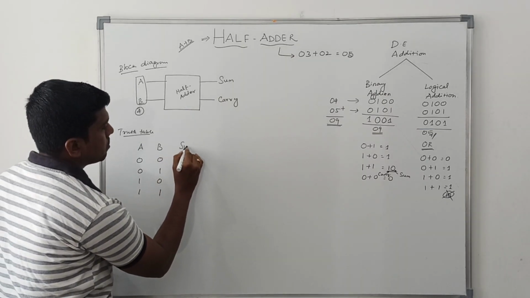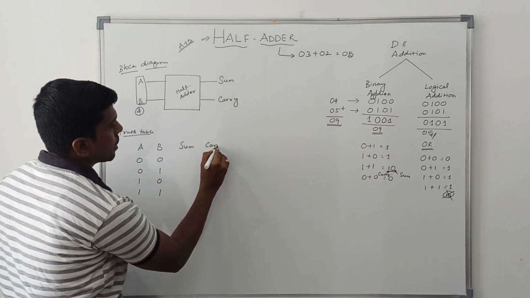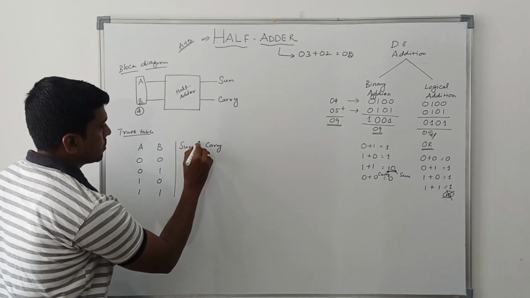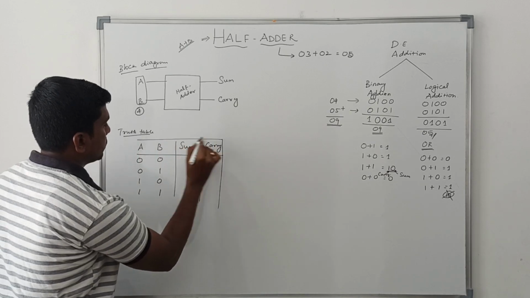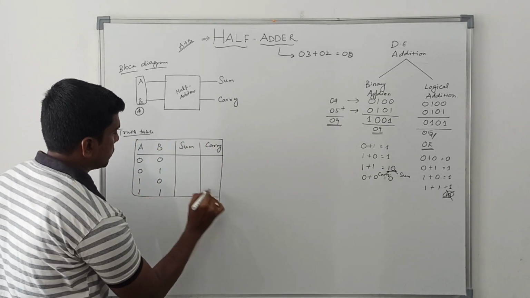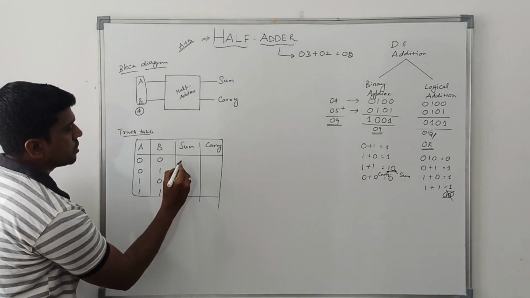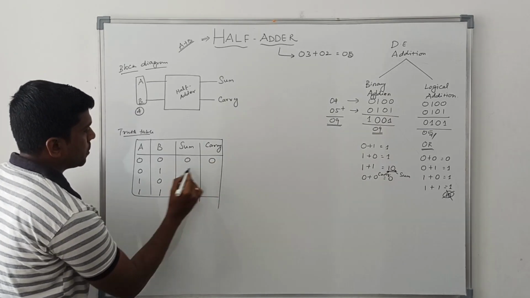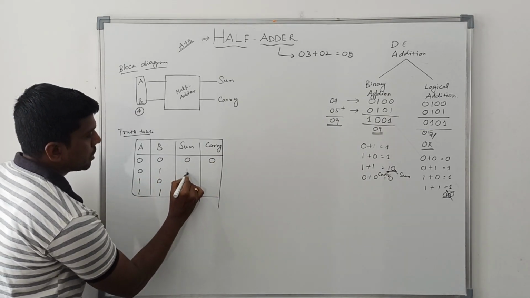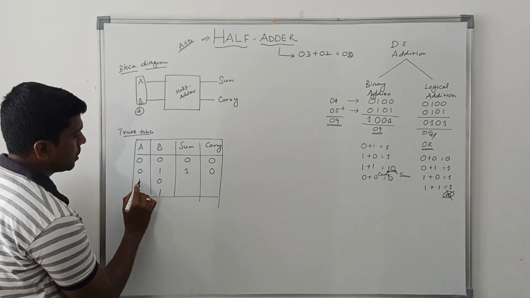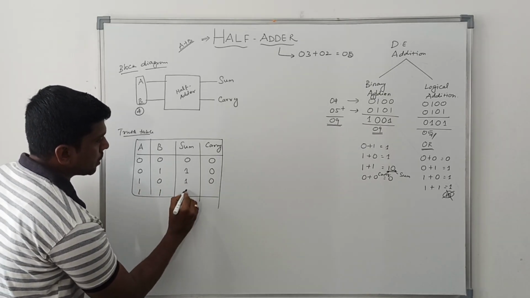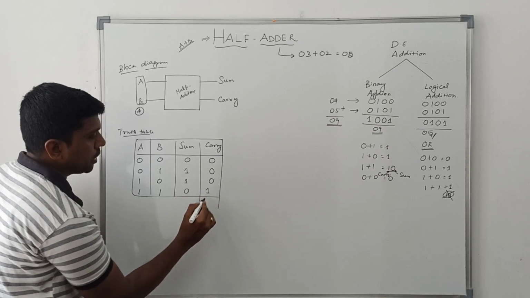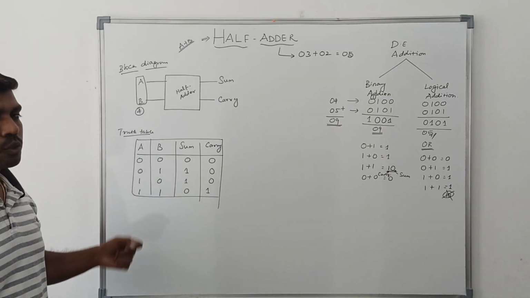Outputs are sum and carry. So 0 plus 0, sum 0, carry 0. 0 plus 1, sum 1, carry 0. 1 plus 0, sum 1, carry 0. 1 plus 1, sum 0, carry 1. So this is the truth table.